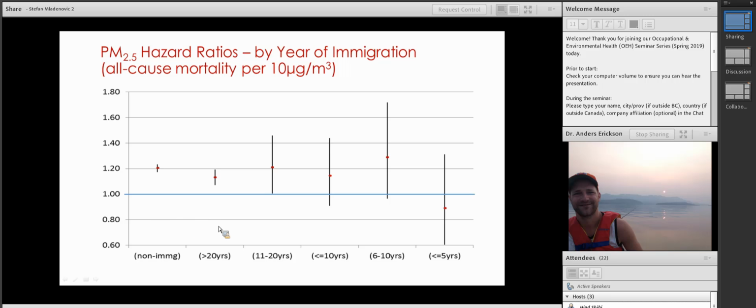And then among immigrants, here is the more established group, and as you go across by period of immigration, the hazard ratio doesn't actually change too much, but the confidence intervals do as we lose population. And the most recent group of immigrants doesn't show any pollution impact.